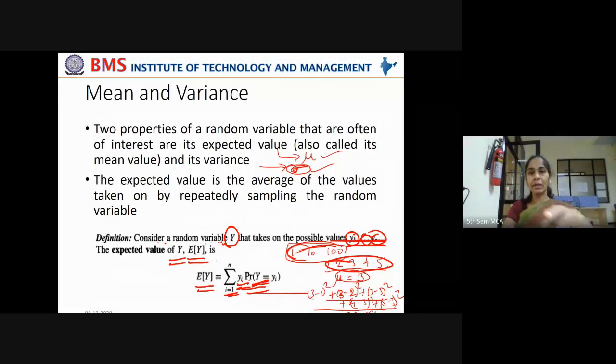Got it? I'll give you an example, you'll understand better. The expected value of y is calculated as the sum of the product of the random variable's value and the probability of that random variable taking up that particular value. Right? That is called the expected value of y, or the mean of y, or the average of y.